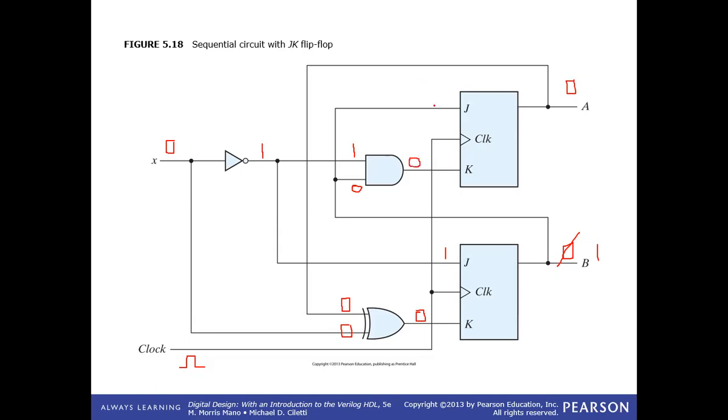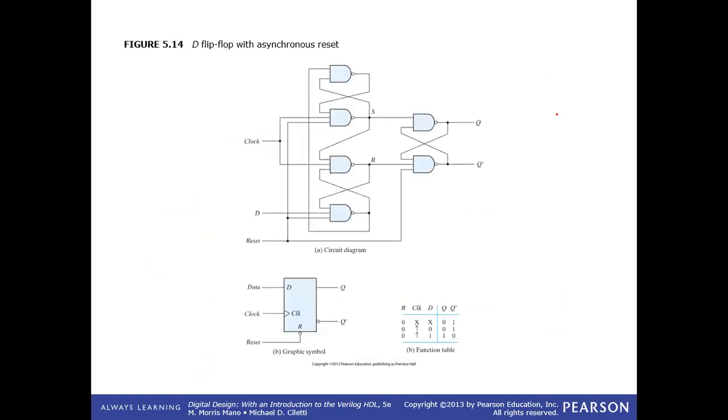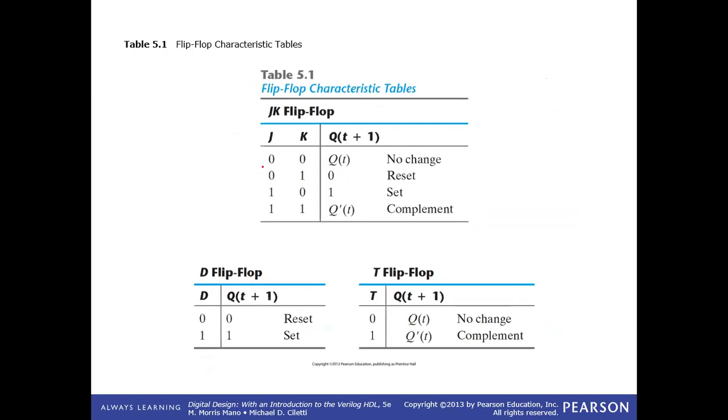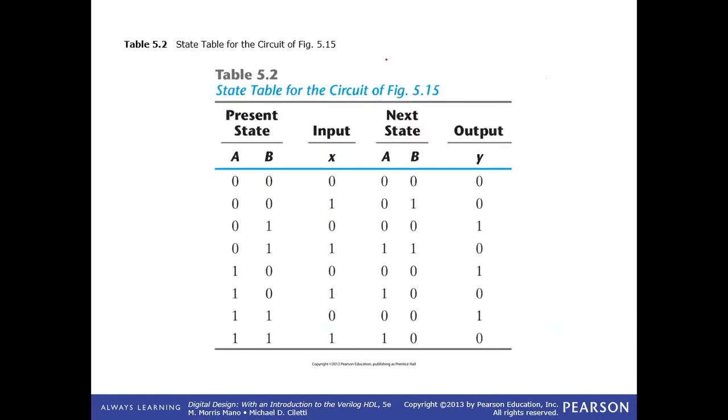What happens to this J? This also is 0, sir. Current state. So we have J and K both equal to 0. So A is going to retain itself. If both J and K are equal to 0, what is the output going to be? No change.